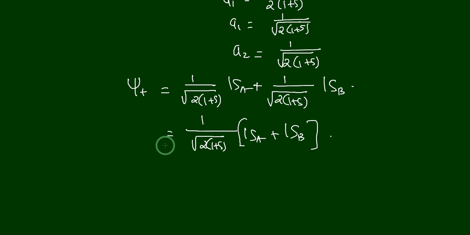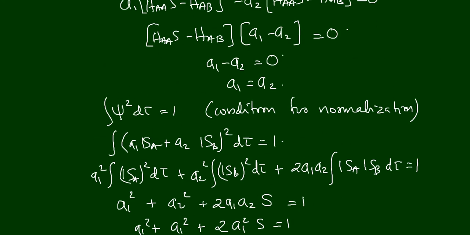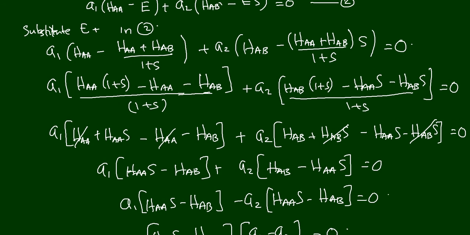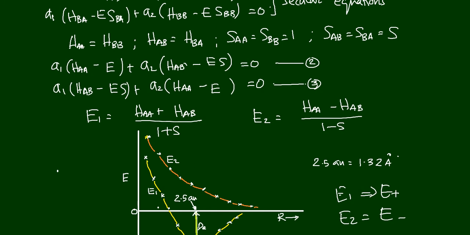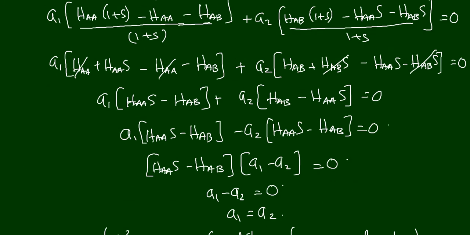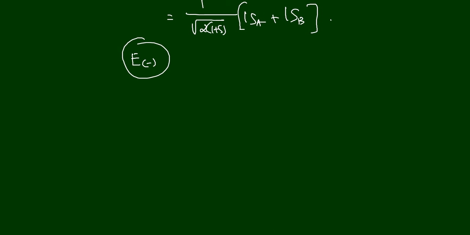Now we can substitute the value of E minus in our equation. We substitute in the same equation as we did for E plus, equation number 2. You do a similar procedure, and then you will get the values for a1 and a2.